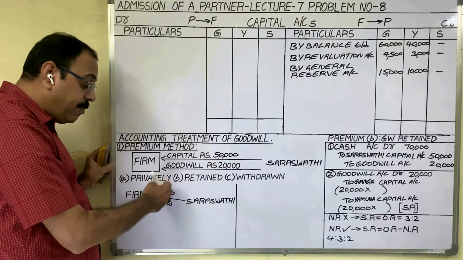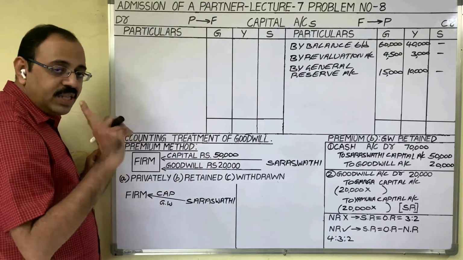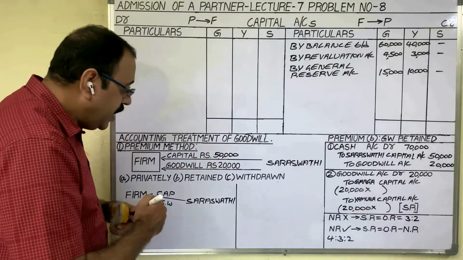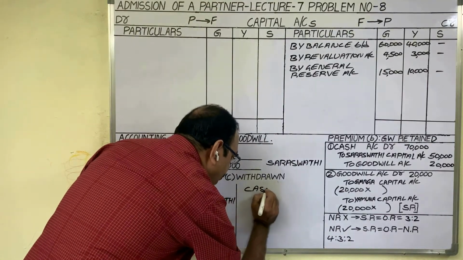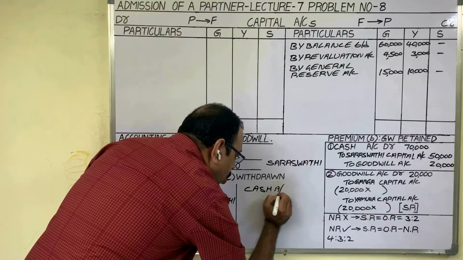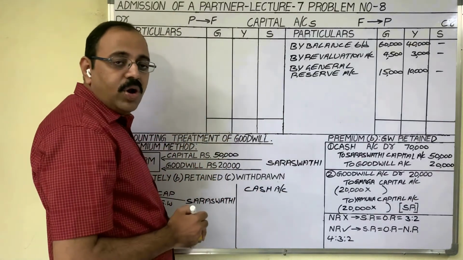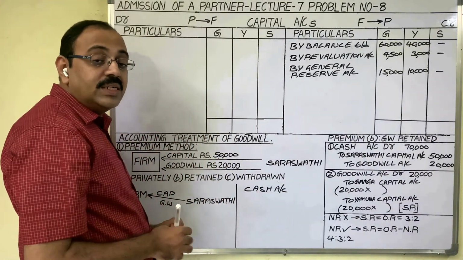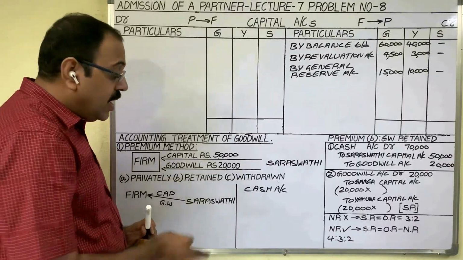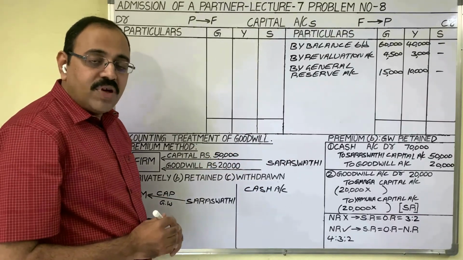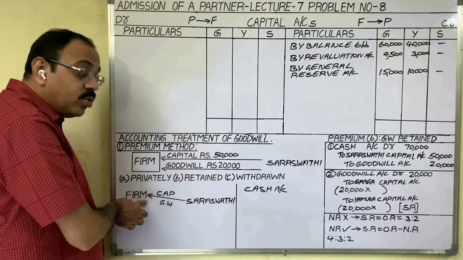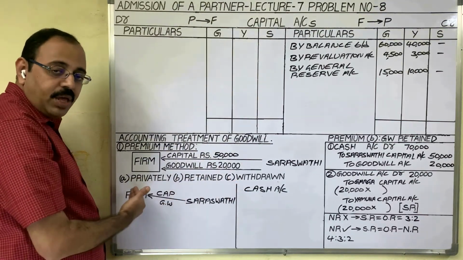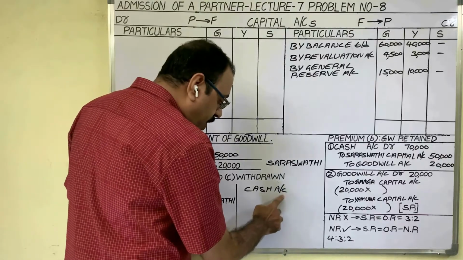For bringing capital and goodwill, we have to write the first entry. While writing that entry, we should take the cash account as one account. Don't take the bank account, because in the old balance sheet asset side, bank balance is not there, cash balance is there. Our assumption is she brought these two amounts directly into our firm. Cash is coming. Therefore, the cash account is one account.